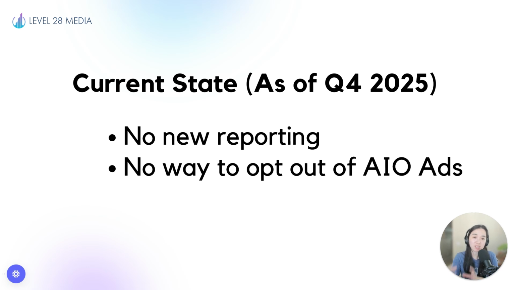So that's where we stand as of Q4 2025. I am happy to create an updated video as things continue to evolve, but these are the ways that you can go about increasing your chances of appearing within AI overviews.